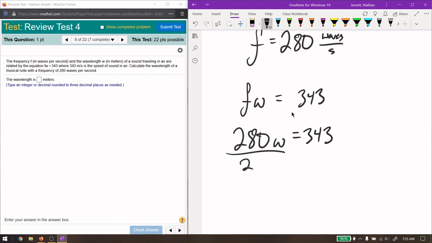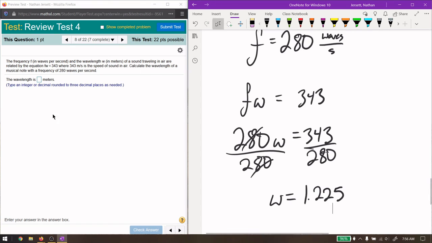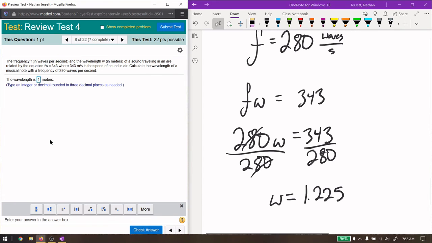So divide by 280. Divide by 280, and that gives us W equals, it says round, type an integer or a decimal rounded to three decimal places. Wow. 343 over 280 gives us 1.225, and it wants 3 decimal places, so that's all we need to do.